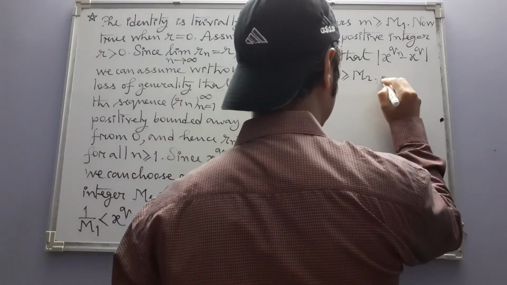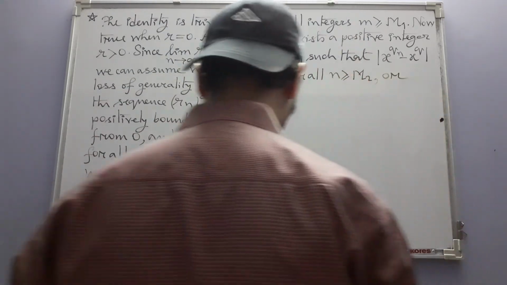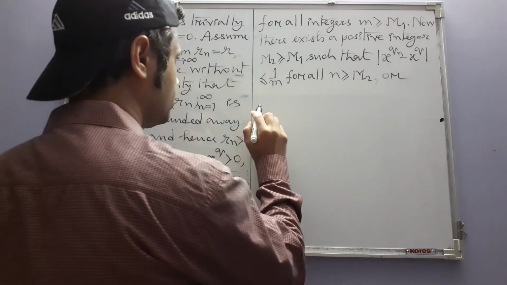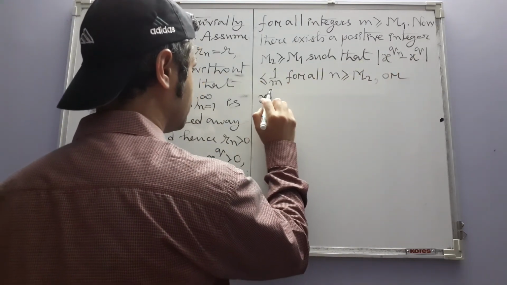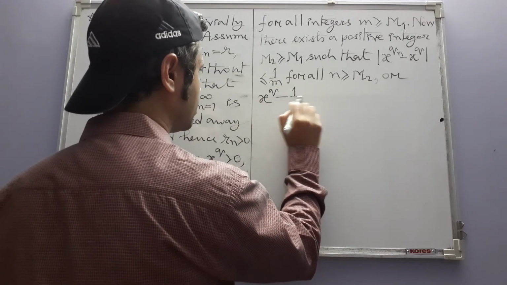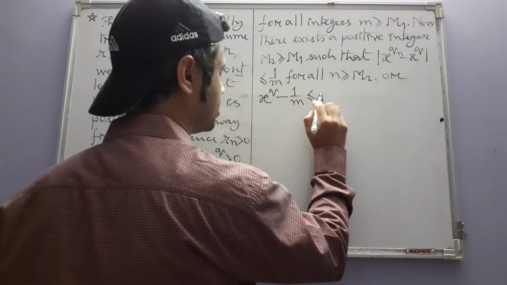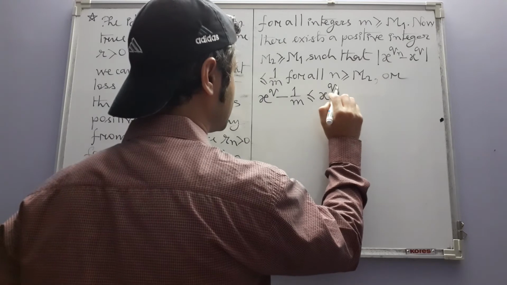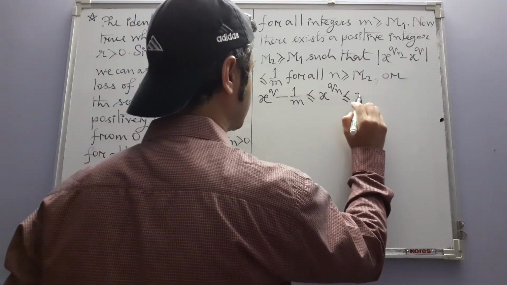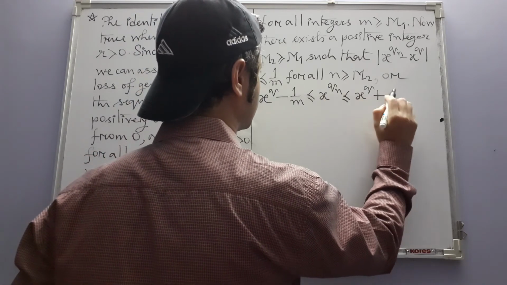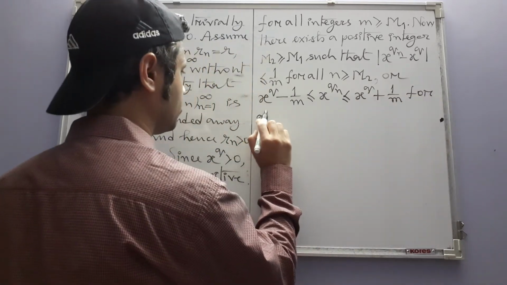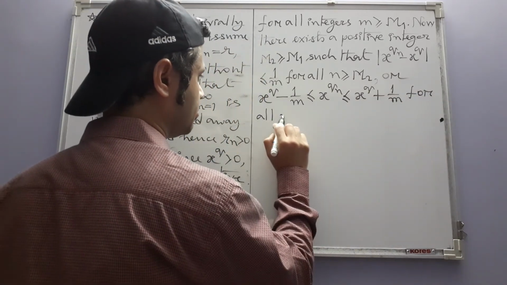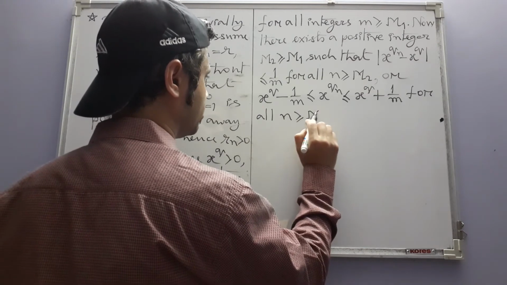Or this same thing can also be written like this: in place of these inequalities we can write x to the power q minus 1 over m is less than or equal to x to the power qn, which is less than or equal to x to the power q plus 1 over m, for all n greater than or equal to m2.